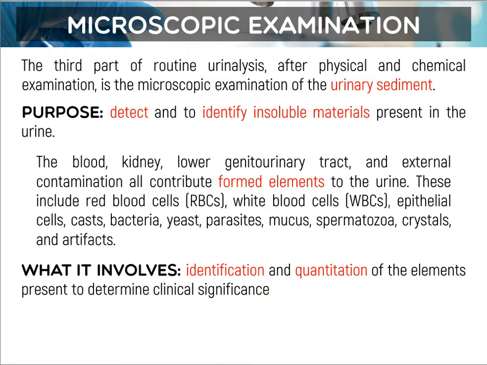The blood, kidney, lower genitourinary tract, and external contamination all contribute the formed elements of the urine. This includes RBCs, white blood cells, epithelial cells, casts, bacteria, yeast, parasites, mucus, sperm, crystals, and artifacts. So it involves the identification and quantification of the elements present to determine the clinical significance.